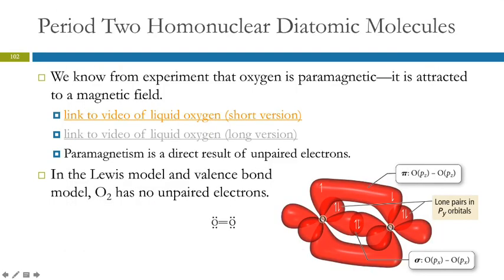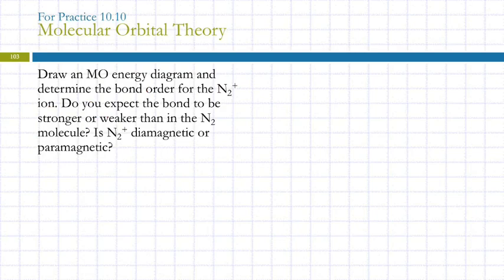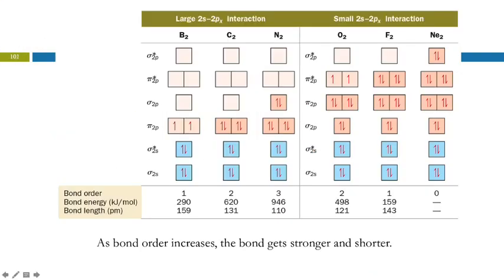So we look at these other models, Lewis theory, valence bond theory. This is something that they don't explain, which tells us that they're not the end-all be-all of models. So let's look back here at the oxygen molecular orbital diagram.